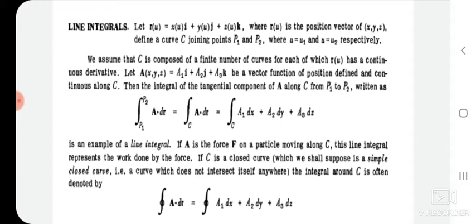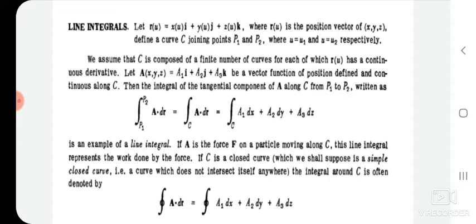That vector defines a curve C joining points P1 and P2, where u is equal to u1 and u is equal to u2 respectively.